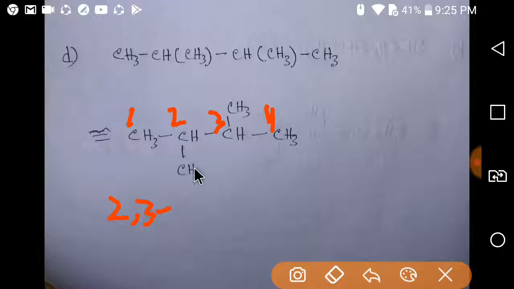We know that this is a methyl group and there are 2 methyl groups, so dimethyl, right? Dimethyl butane.